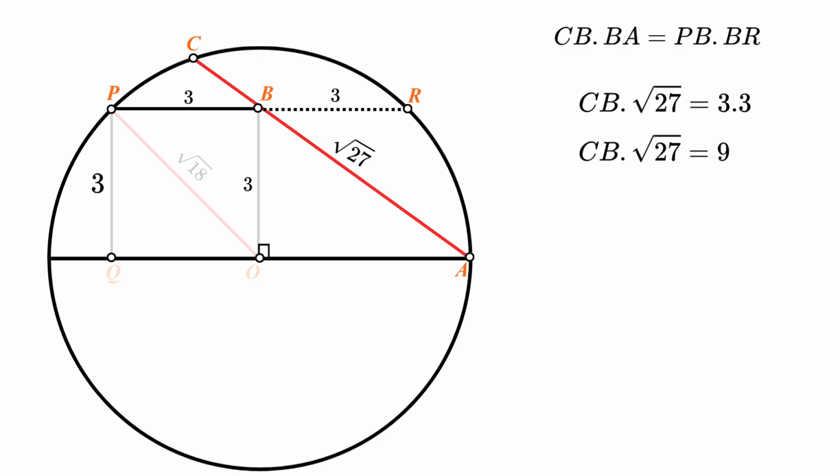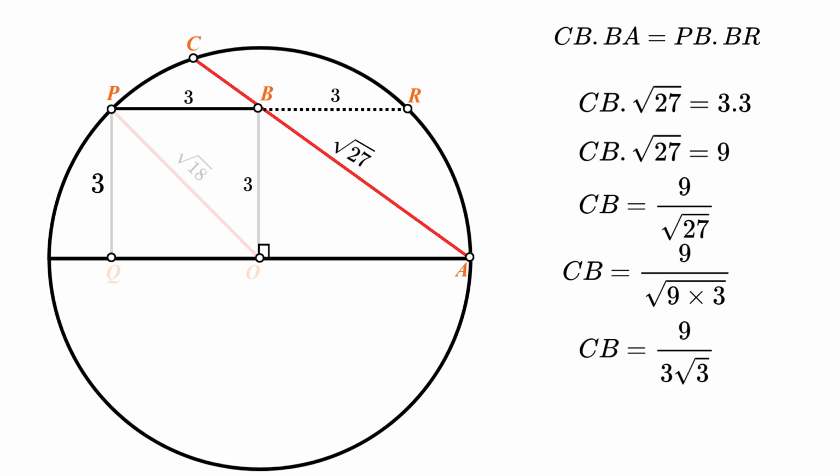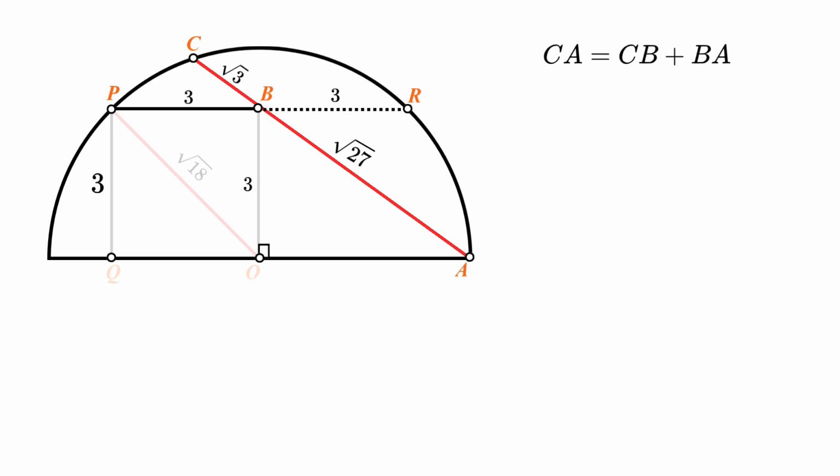So, CB equals 9 divided by the square root of 27, which equals 9 divided by 3 times the square root of 3, which simplifies to 3 divided by the square root of 3, which equals the square root of 3. Now, we are looking for the full length of chord CA, which equals CB plus BA. x equals the square root of 3 plus the square root of 27.